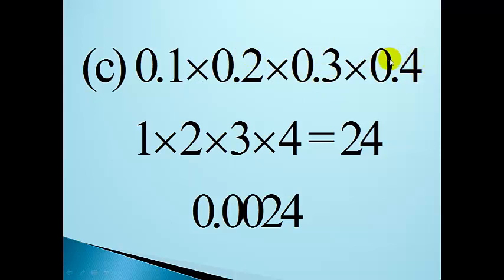So we have 4 decimal places in all. That means that 24 in 4 decimal places will be 0.0024, because the number of digits after the decimal point is the number of decimal places.